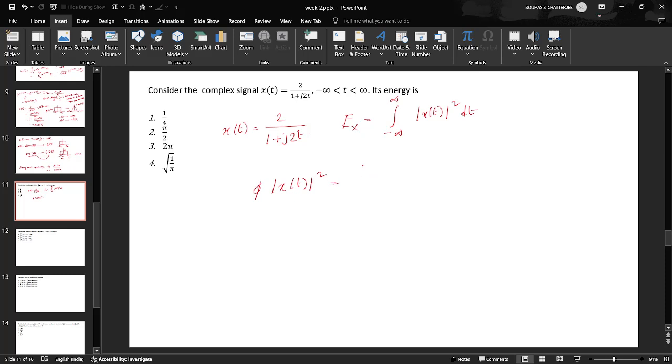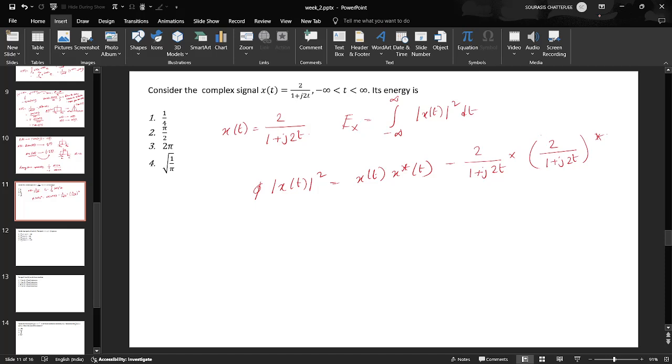How do you compute it? You have x(t), it's a complex signal, so multiply it with the complex conjugate of x(t). So we get 2 over 1 plus j2t into the complex conjugate of this, which is 1 minus j2t.